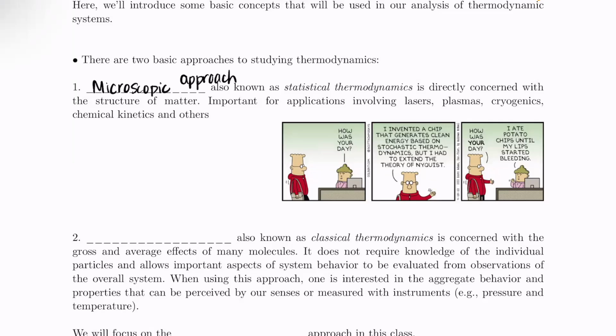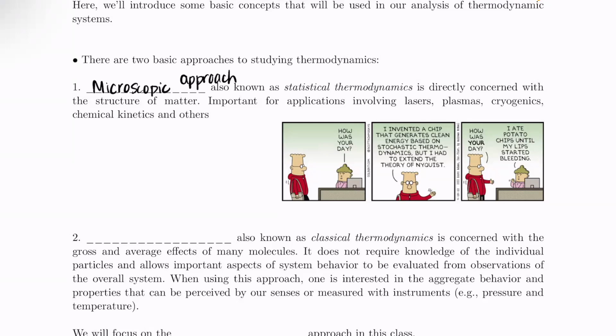This is also called statistical thermodynamics, and it's concerned with the structure of matter. So we're looking at the thermodynamics of things in a very close-up viewpoint. So we're looking at how individual atoms are interfacing with one another and so on and so forth.